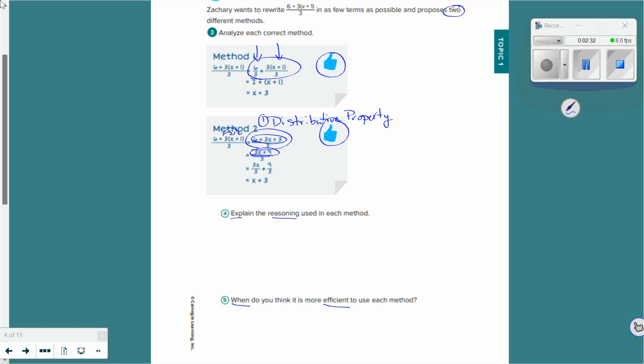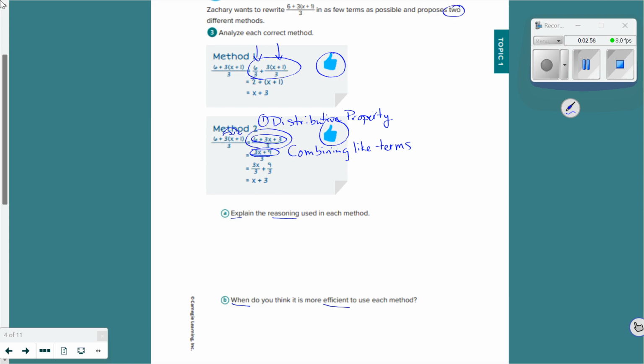You are correct. He added the two constants, the numbers without a variable. What do we call that? Excellent. That was combining like terms. So he combined the like terms, in this case the constants, the numbers that didn't have a variable with them.